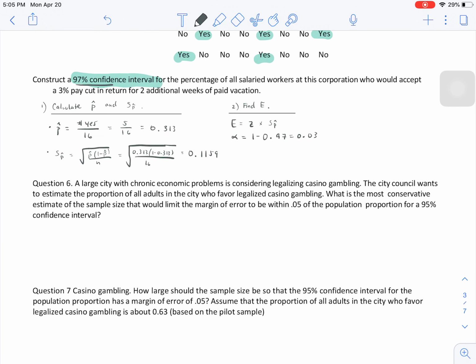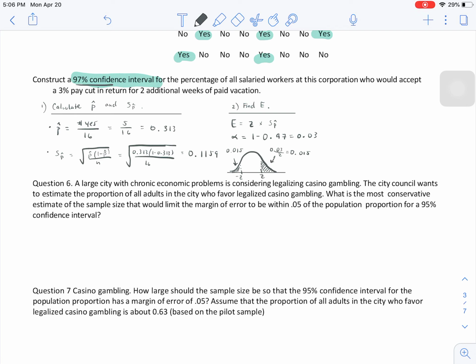So the area in both of the tails, the area to the right of positive z and the area to the left of negative z, the opposite of my z-score, the total area in both those tails is 0.03. So the area in just one of them, because the normal distribution is symmetric, is half of 3%, which is 0.015. Similarly, the area to the left of negative z is 0.015.